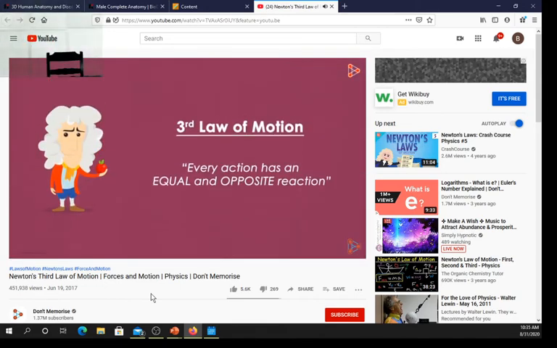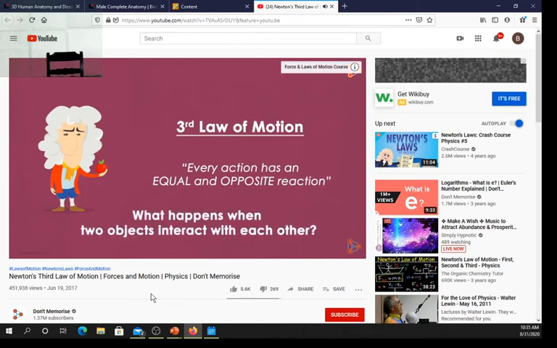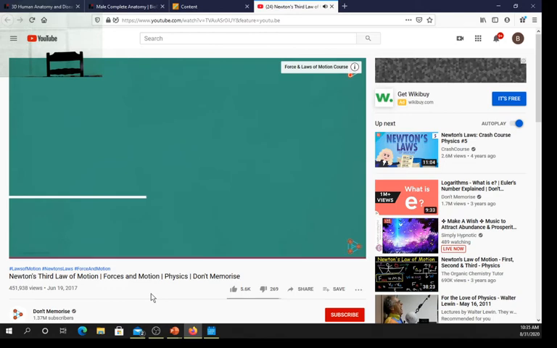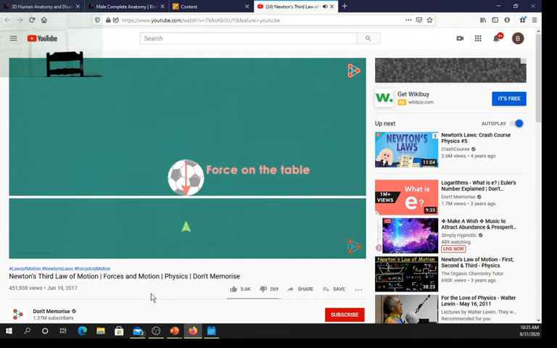The only question you need to ask yourself while studying the third law is, what happens when two objects interact with each other? What happens when you place an object on the table? The object exerts a force on the table and the table exerts an upward force on the object. There are two forces that result from this interaction, a force on the table and a force on the object.